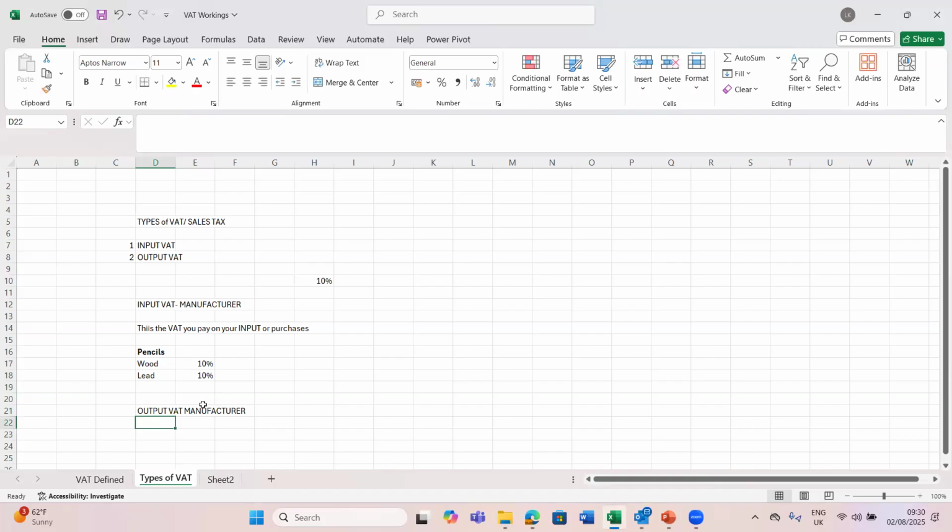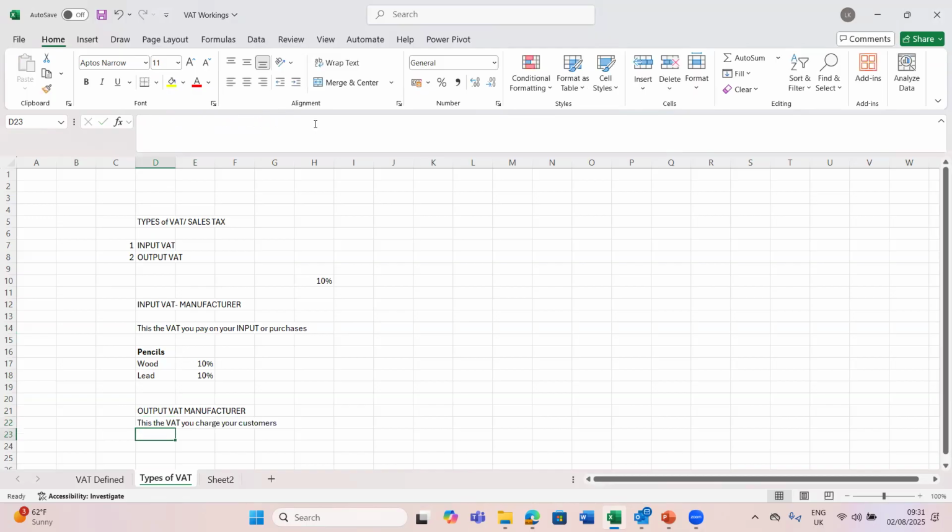Whereas input VAT is the VAT you pay on your input or purchases, this is the VAT you charge your customers.